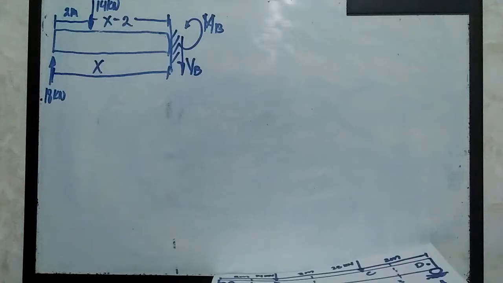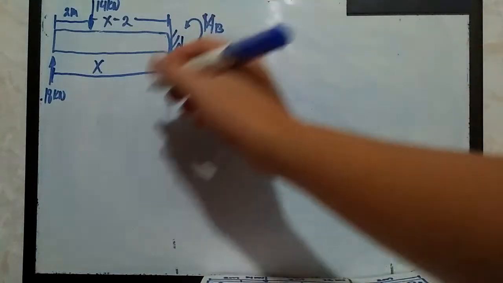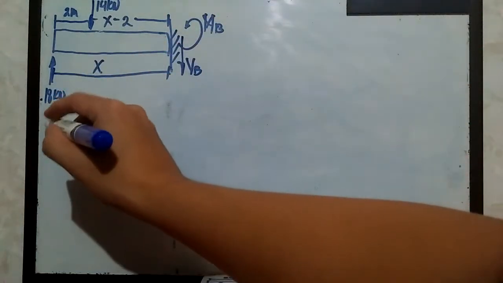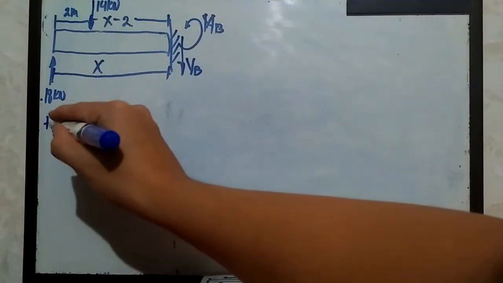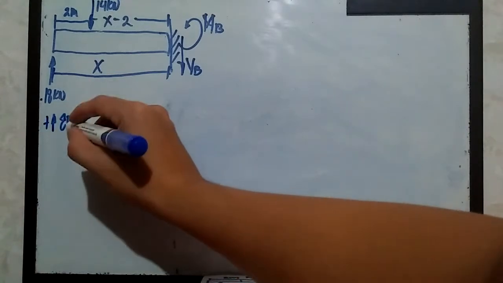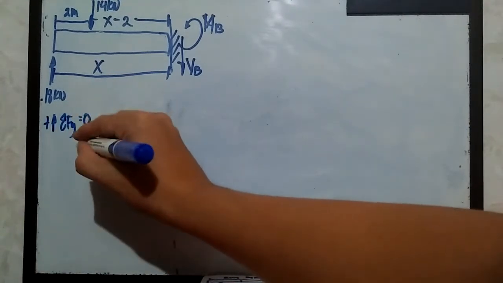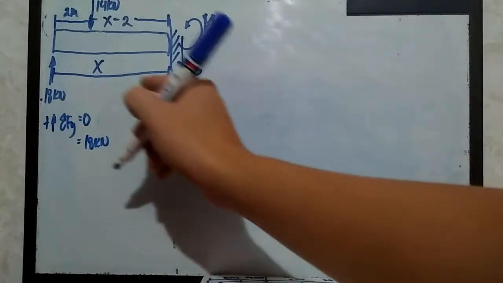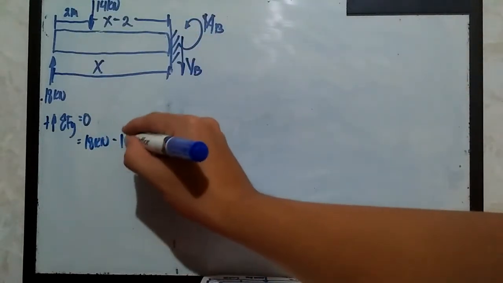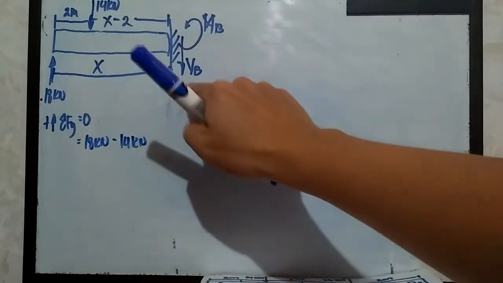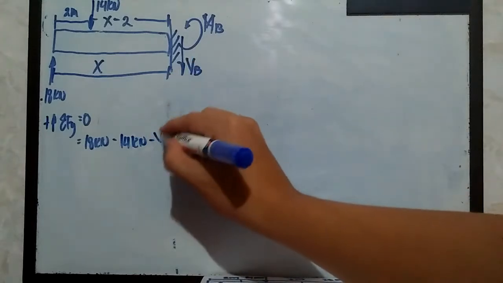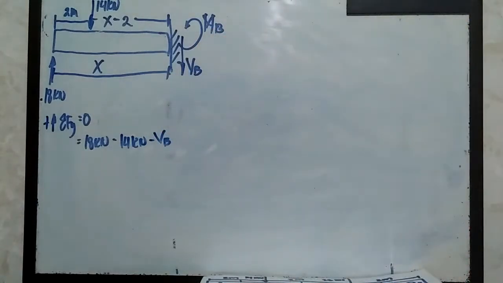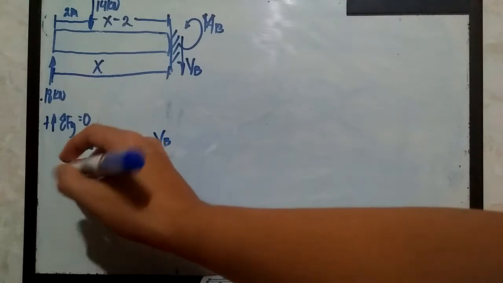By applying again the summation of forces along the vertical, positive going up, summation of forces along the y is equal to 0. So that should be 18 kilonewtons, then negative 14 kilonewtons, and negative V sub B because it is acting downward. Those are the only forces acting on the vertical axis.